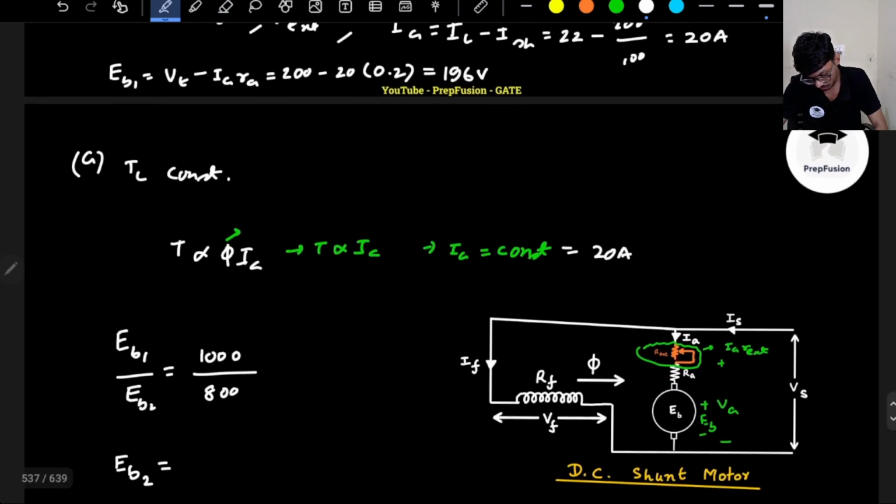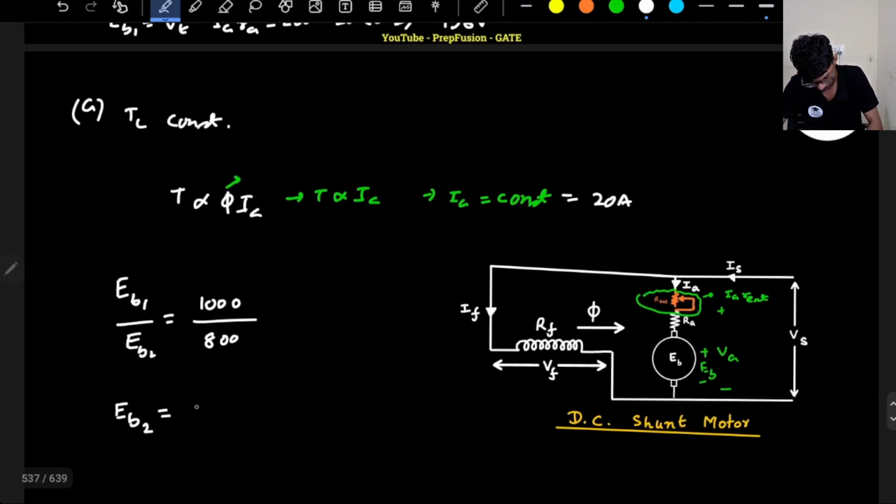So EB2 will be 196 into 800 divided by 1000 rpm.